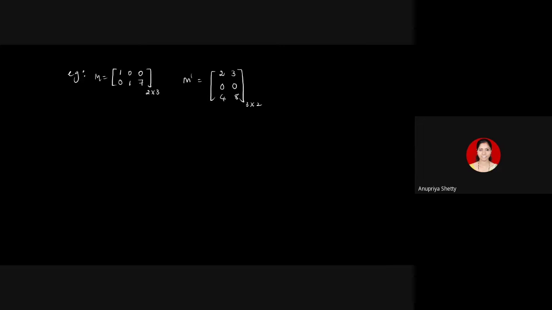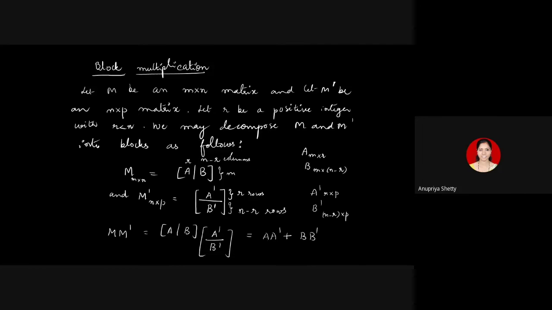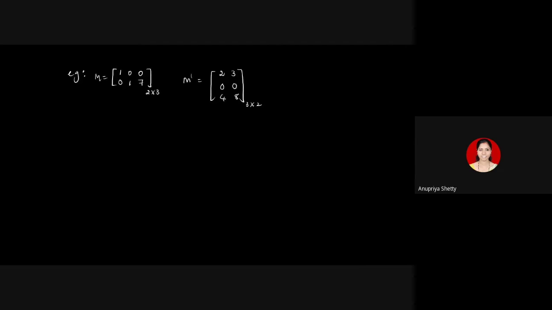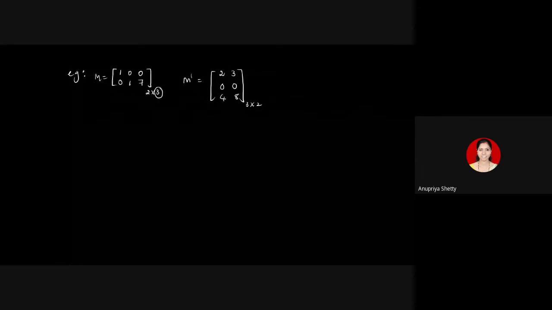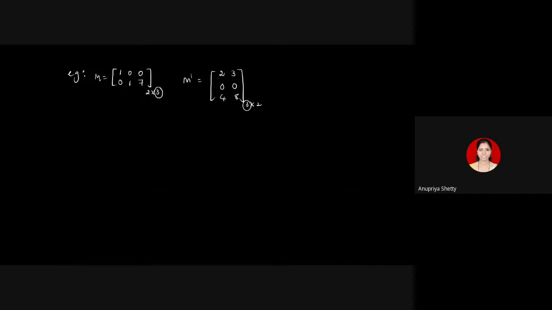What are the possible values for R now? If you recall, I had taken R to be a number less than N. Here, N is 3, the number of columns of the first matrix, the number of rows of the second matrix. Since N is 3, I could choose R to be equal to 1 or 2. That is left to me.